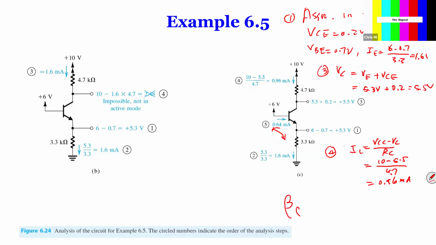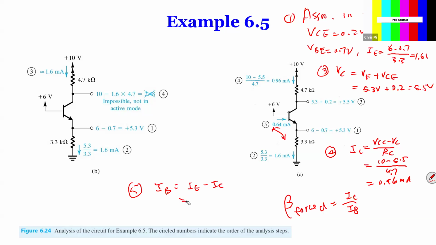So now we can calculate beta. It's IC over IB. Of course, before that we have to calculate IB. IB is equal to IE minus IC.